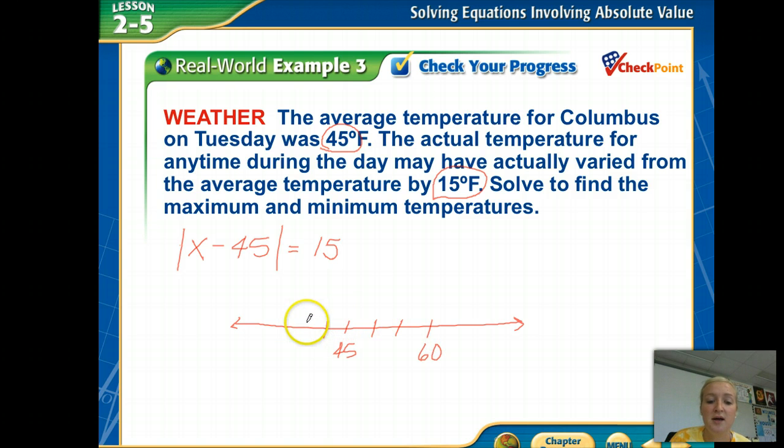So 40, 35, and 30. Your two solutions would be positive 30 and positive 60 degrees Fahrenheit. So those would be the maximum and the minimum temperatures for this problem. Hopefully you got the same solution.